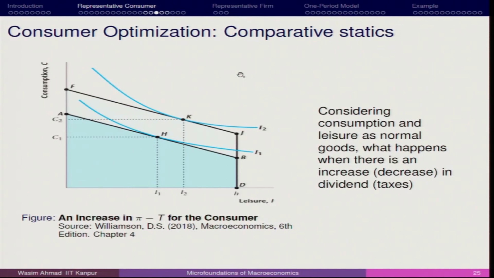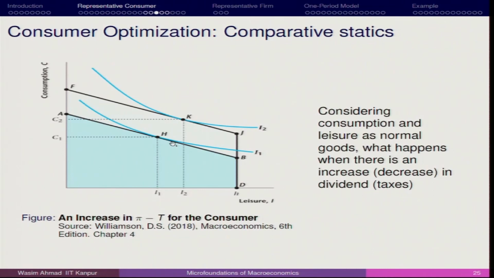Here we are saying that there is an increase in pi minus T for the consumer. What happens if this representative consumer sees an increase in the tax-adjusted dividend income? If this consumer has more pi, how is he or she going to change the level of consumption and leisure?